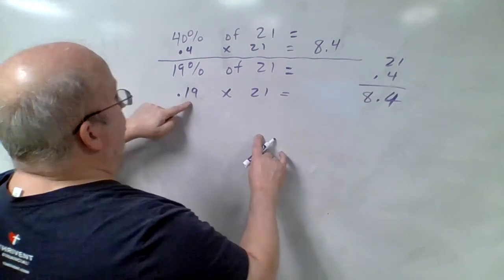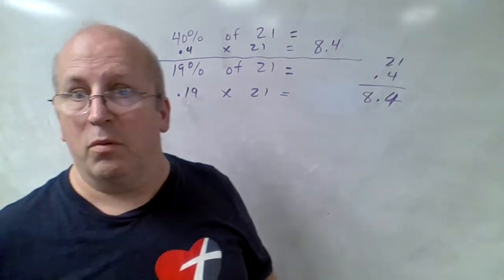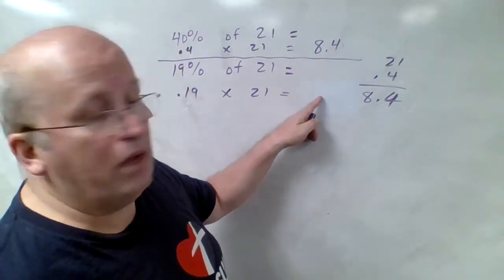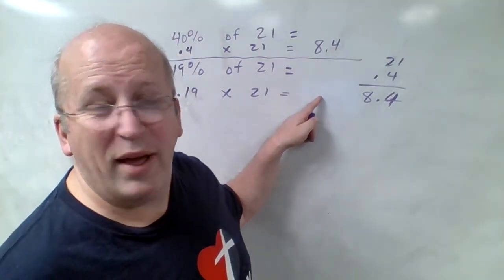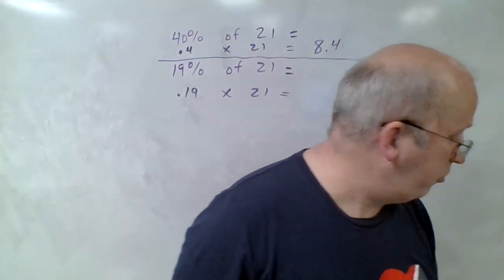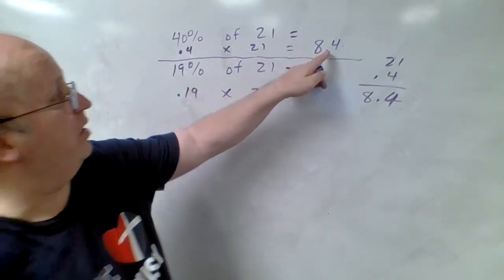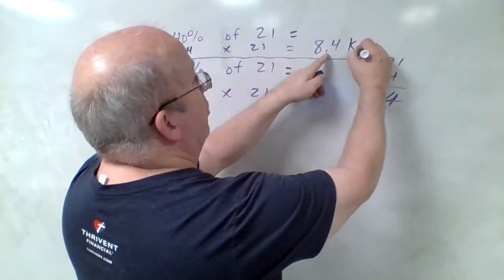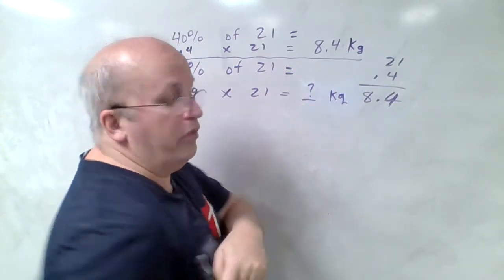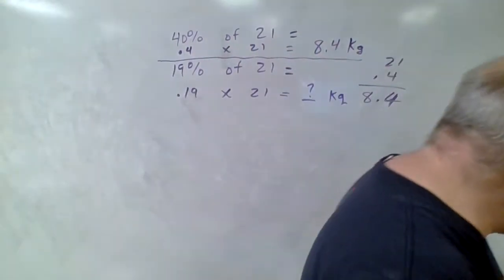And 0.19 times 21, I'm going to let you do the rest, but you're going to have to take this number and the number you find here and subtract them, because the problem's asking you how much more is the oxygen mass. This is the oxygen mass, 8.4 kilograms. How much more is this than the amount of kilograms you're going to get for this slot? Okay? Let's jump down to 12.